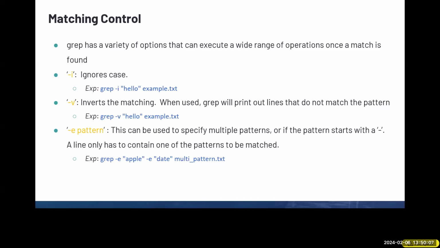Another option is -v, which inverts the matching. When used, grep will print out lines that do not match the pattern. So it will look for the pattern, then print the lines that don't contain it. So grep -v hello example.txt will print every line in example.txt that does not contain the word hello.